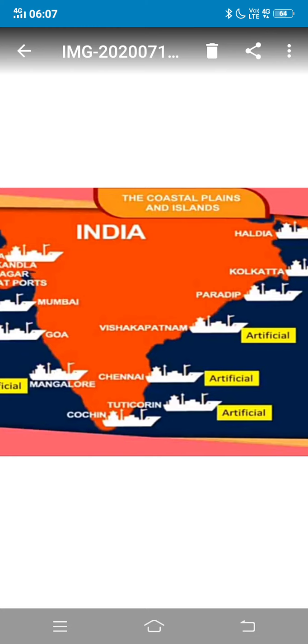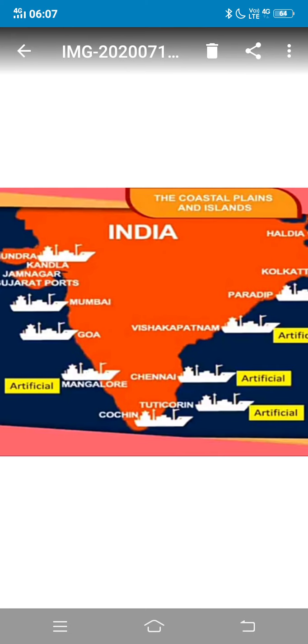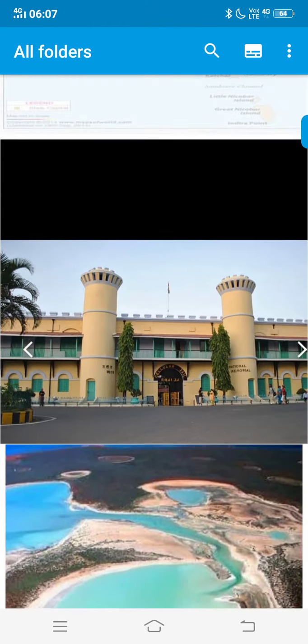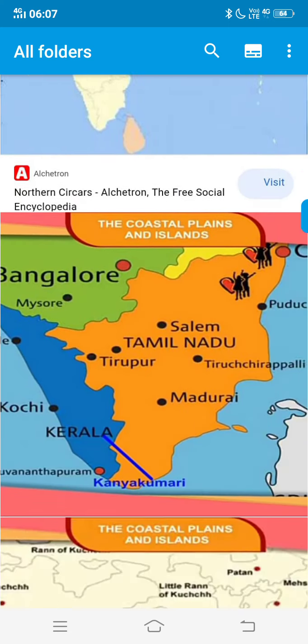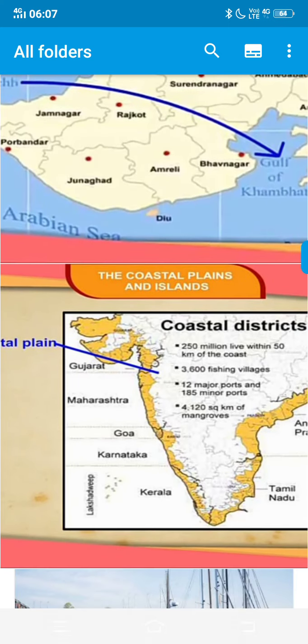Now, to be more clear about this topic, children, I would like to explain the differences between the two coastal plains. Here is the map again of your two coastal plains. If you see this map, most of the differences will be clear to you.